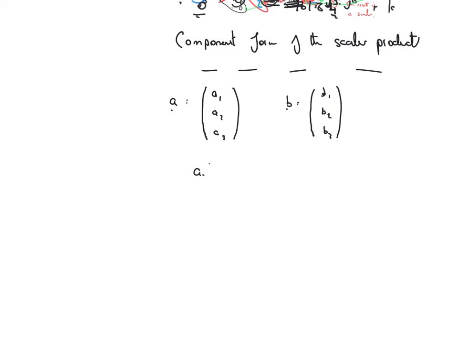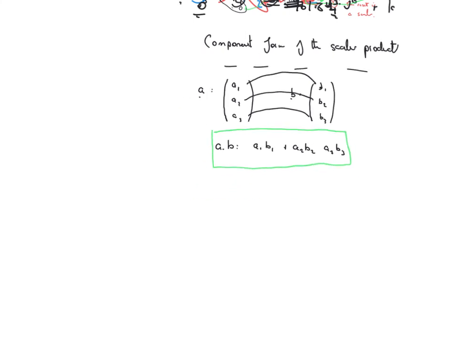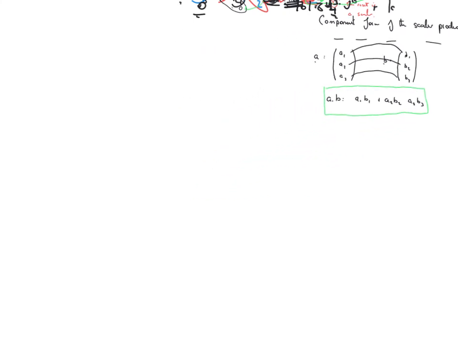This time, if you're given the component form, the scalar product is given by A1 times B1, plus A2 times B2, plus A3 times B3, and that is called the component form of the scalar product. It will also be given to you in your formula sheet. It's dead easy, we're going to use it just now.